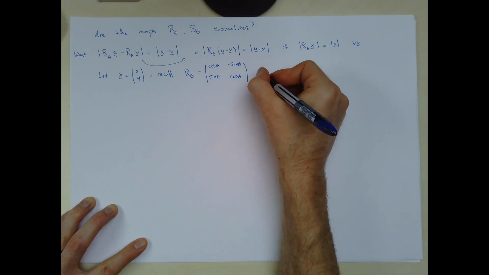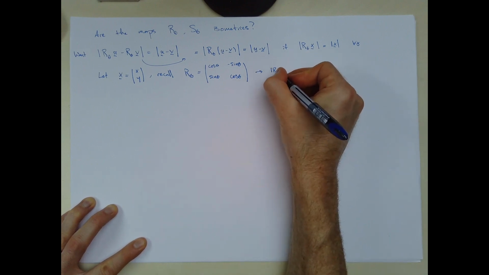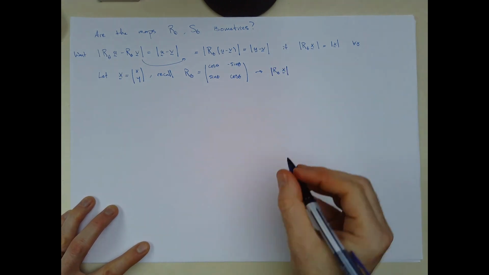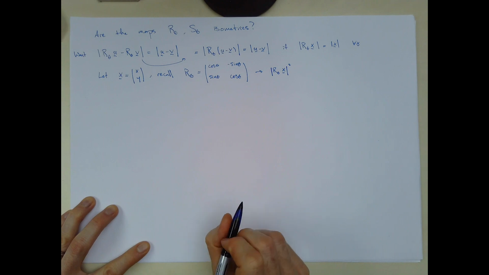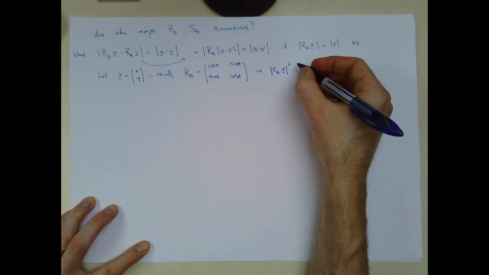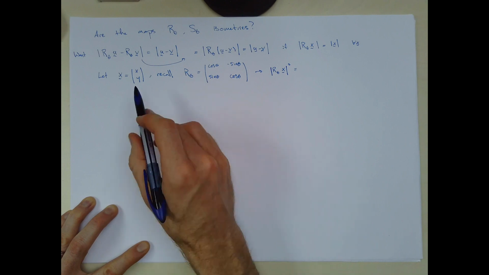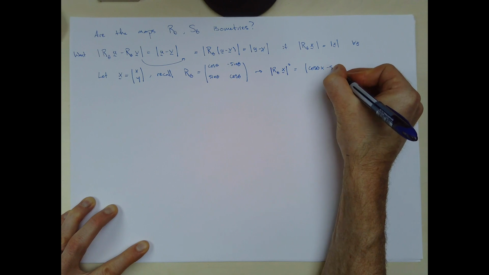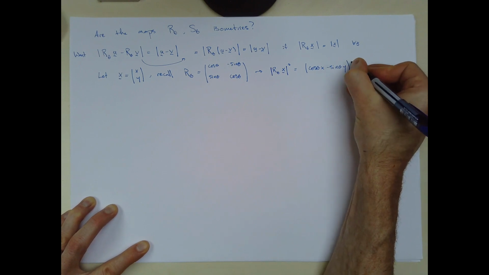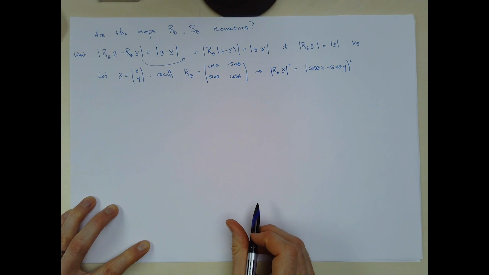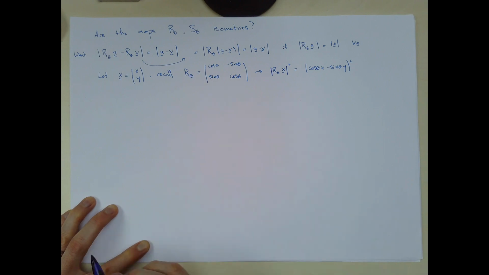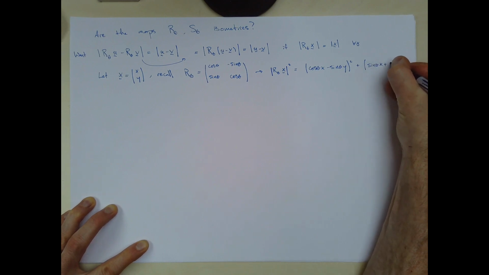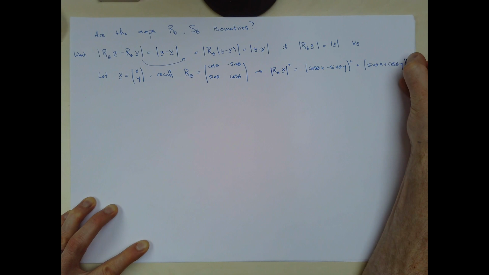And so if I take magnitude of R_theta x squared, then I get, the x component is cosine theta x minus sine theta y, so I get (cos theta x minus sine theta y) squared, plus the y component, which is (sine theta x plus cosine theta y) squared.